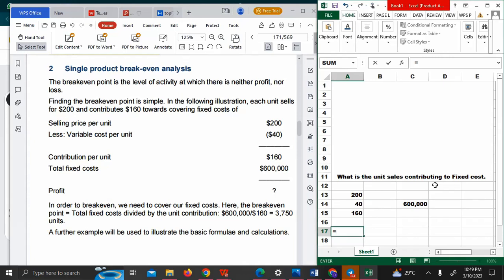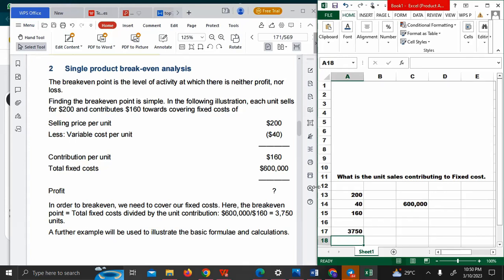So let's look at the total quantity that you can produce that week. What's the minimum quantity you can produce? You have 600,000, that's fixed cost too. Divided by 160. It means that at each sale you make, you are reducing your fixed cost. So how many will you sell that will take care of your fixed cost?